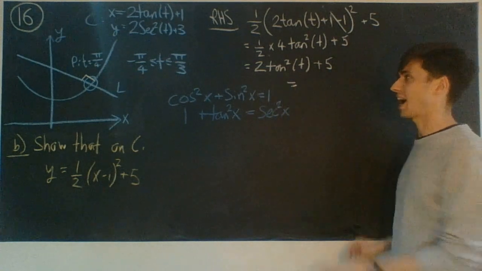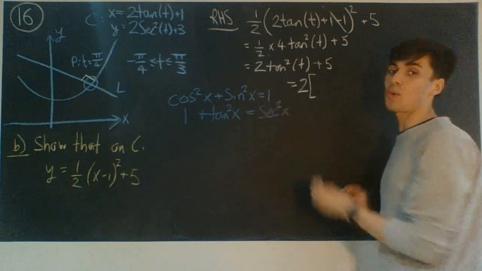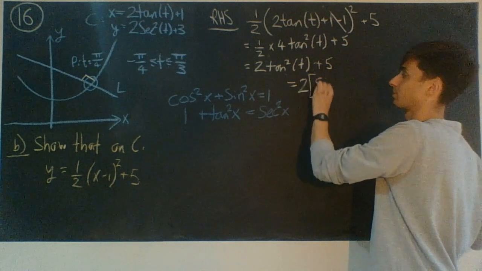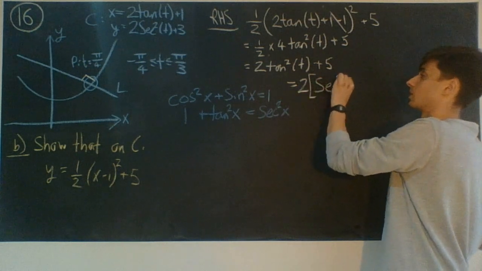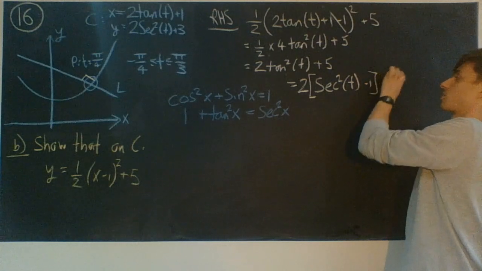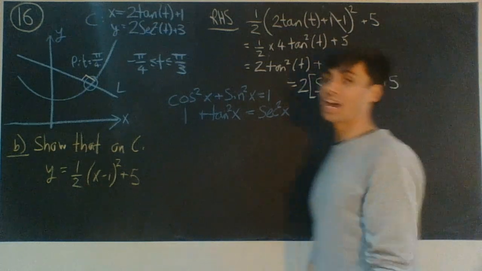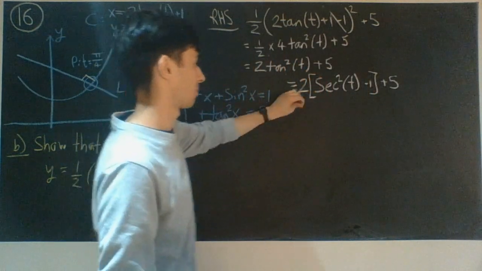So instead of 2 tan squared t, we've got 2 lots of sec squared t minus 1, plus 5 on the end. That hasn't gone anywhere. And now you can see we're pretty much there.